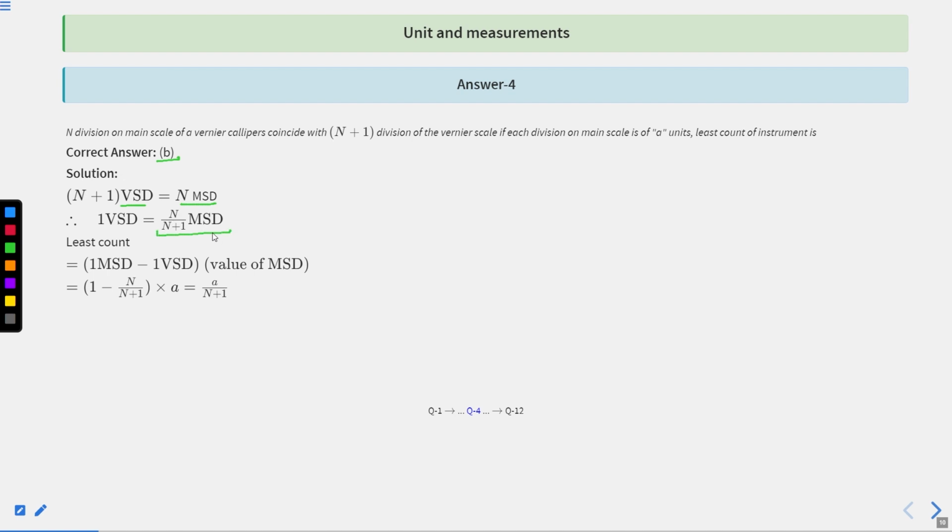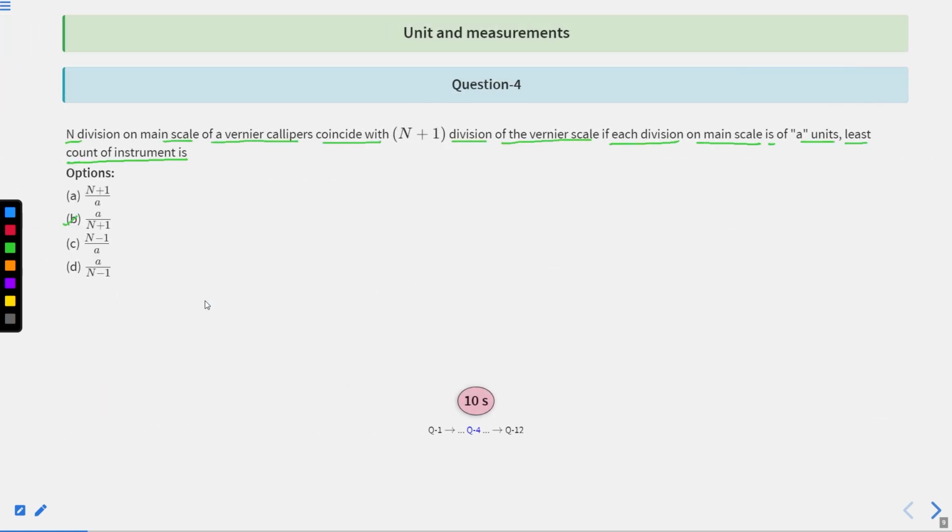So according to the formula of least count, 1 MSD minus 1 VSD, the value of one MSD is A. After calculation, it becomes A upon n plus 1. Clear? So correct answer is B, A upon n plus 1.